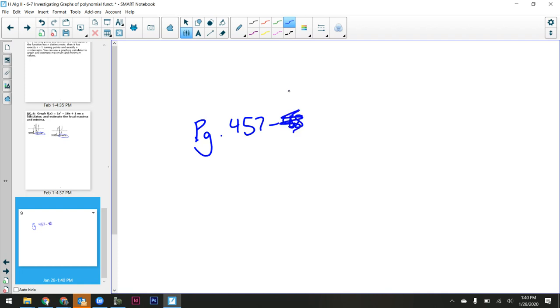Sorry. 15 to 22, 24, 25, 28, and 30. Those are end behavior. Those are graphing. Those are find local maximum and minimum values.